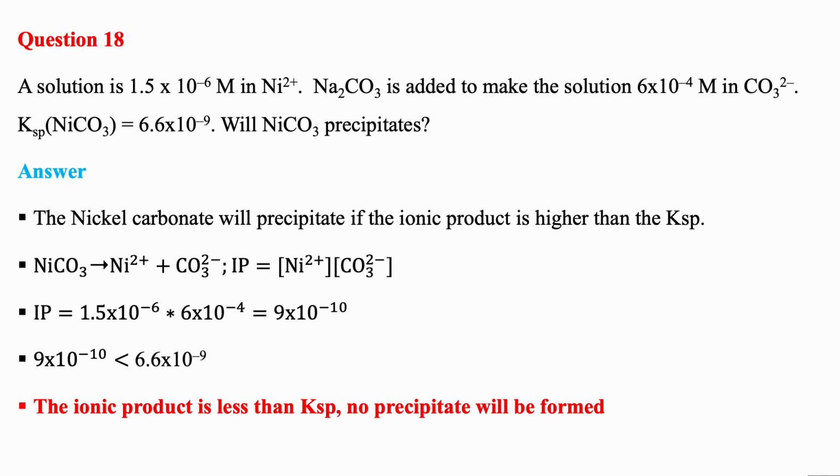That means because the ionic product is less than the Ksp, we don't form a precipitate. So no precipitate will be formed. That was question 18. Let's go to question 19.